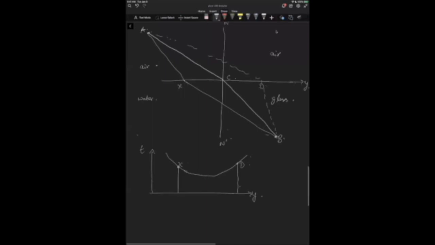So somewhere in this region is the point C, which is the least amount of time.